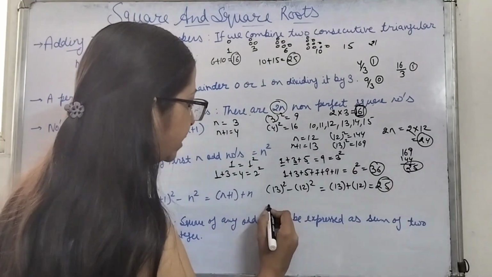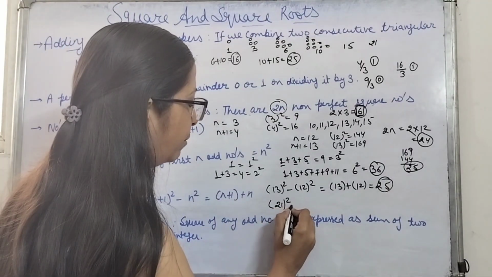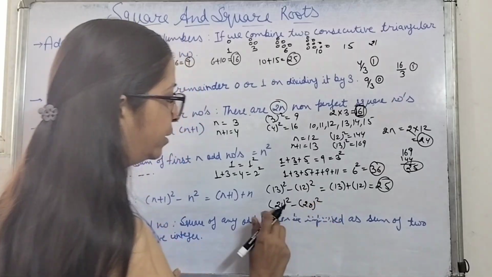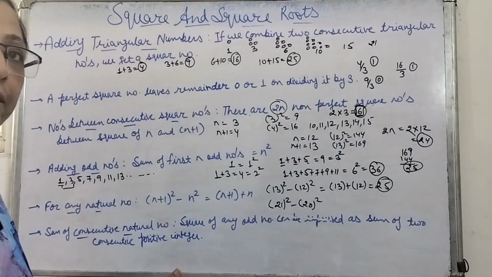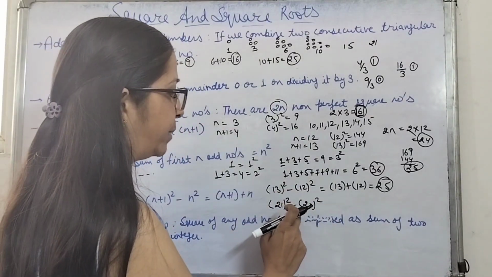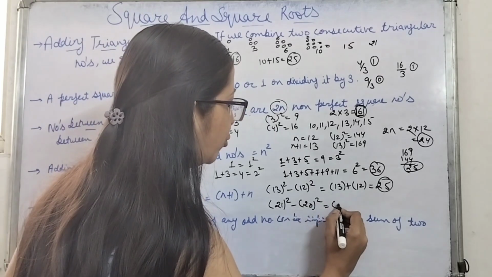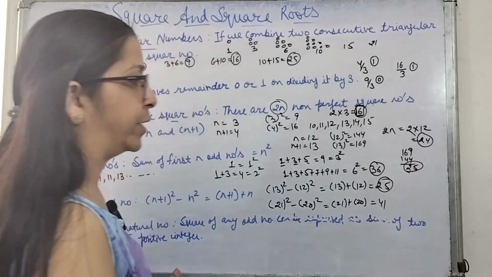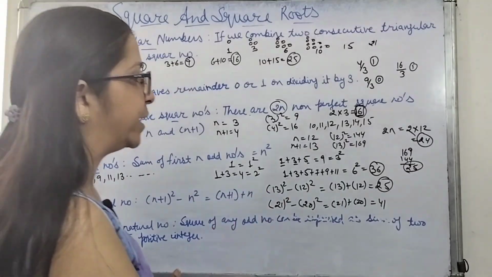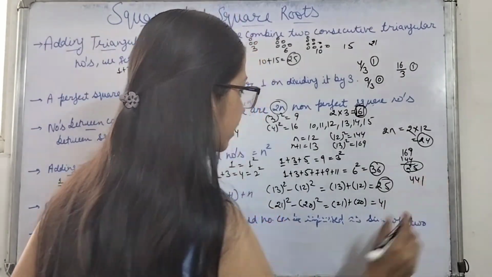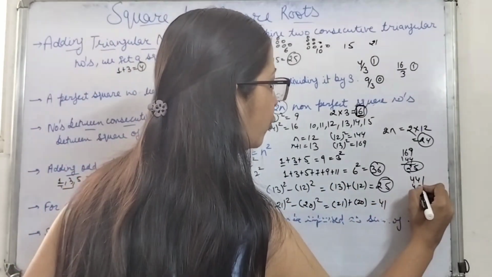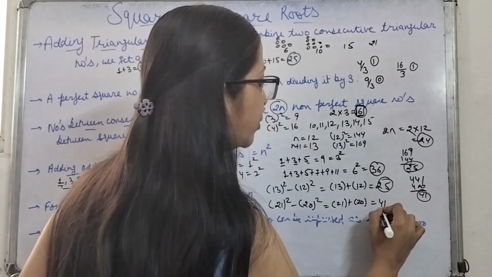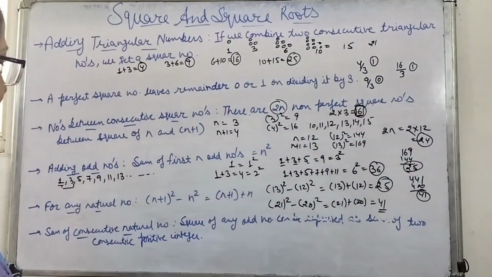Similarly, if I take, say, 21 square minus 20 square, 20 and 21 are consecutive numbers, so the square of 21 minus the square of 20 will be equivalent to the sum of 21 and 20, that is 41. Just check it out. The square of 21 is 441 and the square of 20 is 400. The difference between these two is 41.